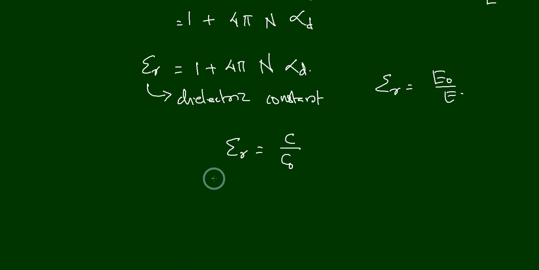And now let us suppose that 1 mole of the dielectric, or 1 mole of the substance, is filled between the condenser plates. We are specifying the amount: it is 1 mole. 1 mole of the dielectric is filled between the two plates, and the molar volume of the substance is Vm.